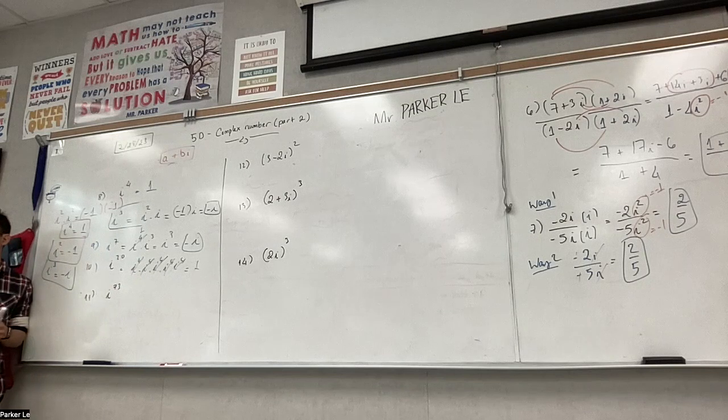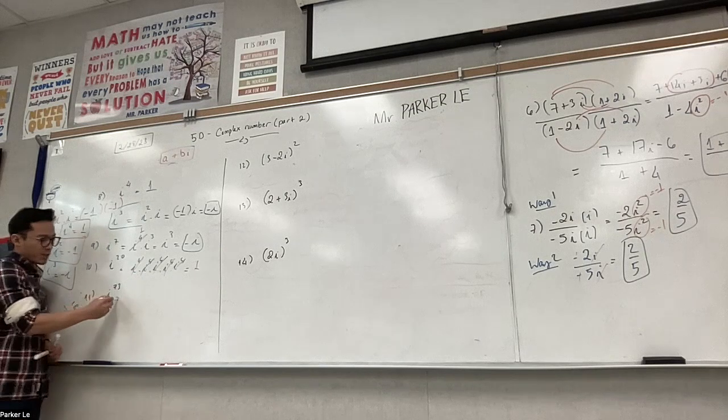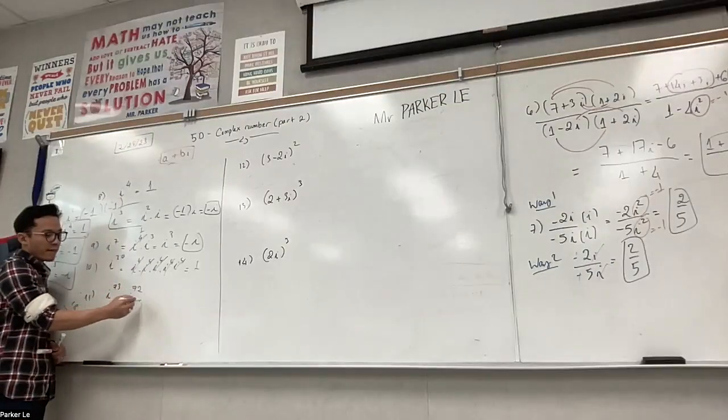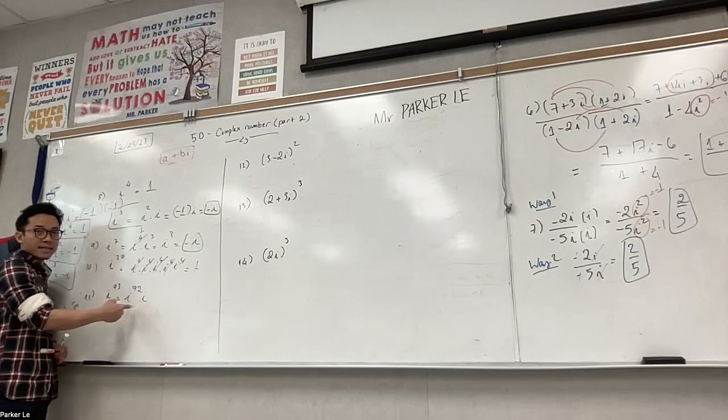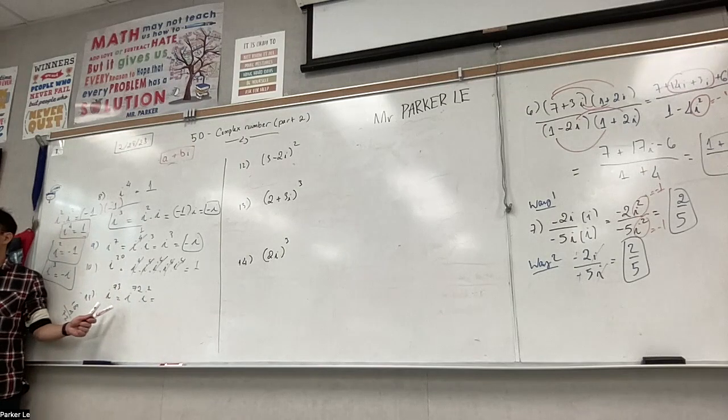How many 4s in 73? 18. 18 times 4 is 72. So i to the 72nd. What do we have left? One i, right? i to the 72nd is what? 1, because 72 can be divided by 4.